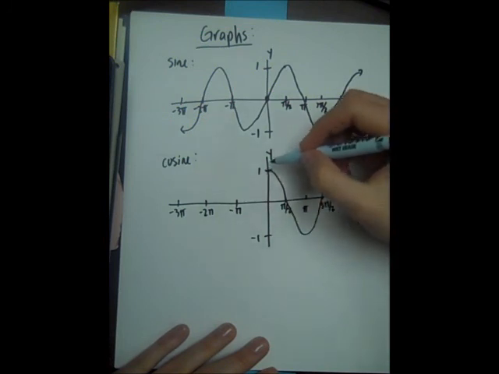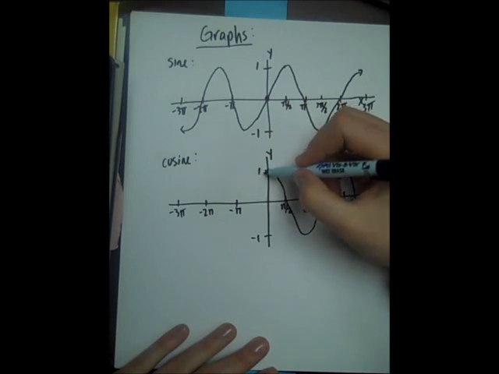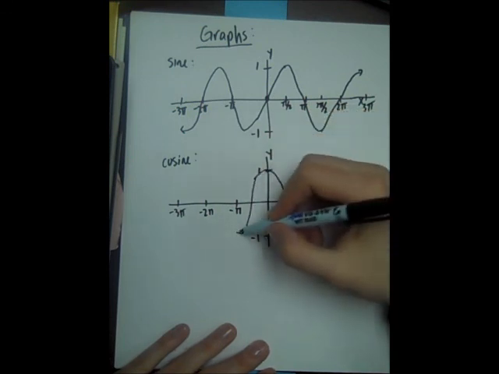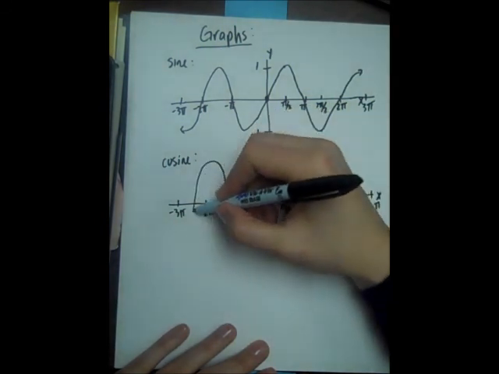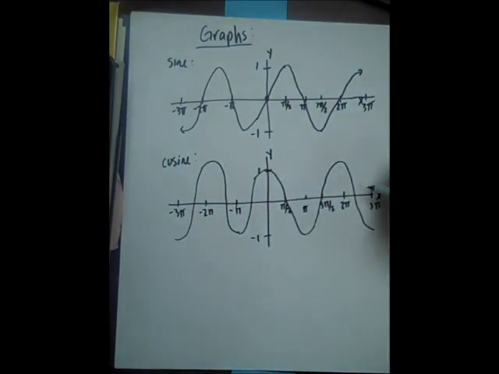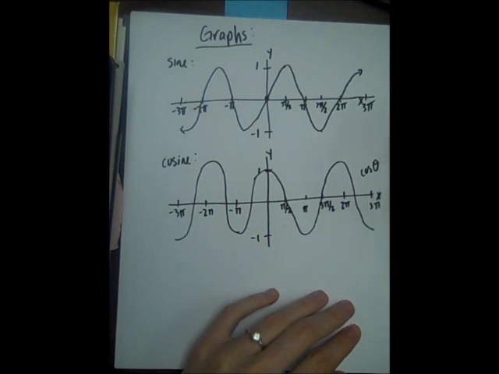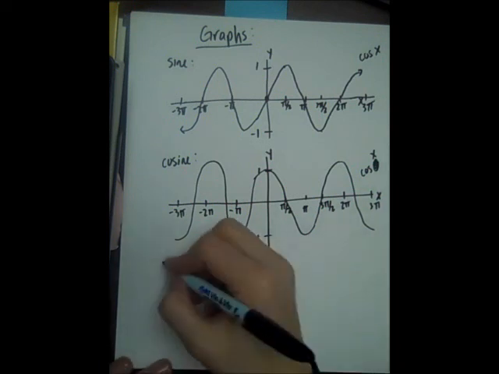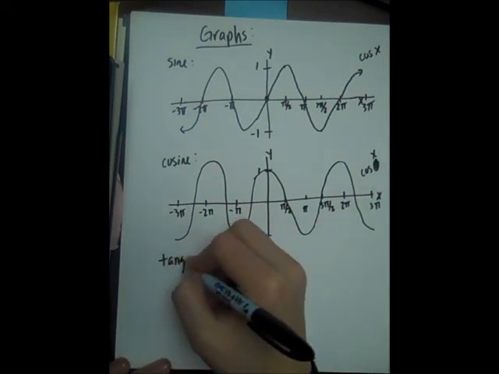And I do the same thing on this other side. So that would be the graph of cosine of x, not theta, since we're using x as our variable. And then lastly, let's look at the graph of tangent.